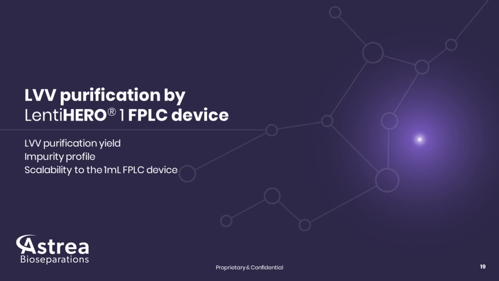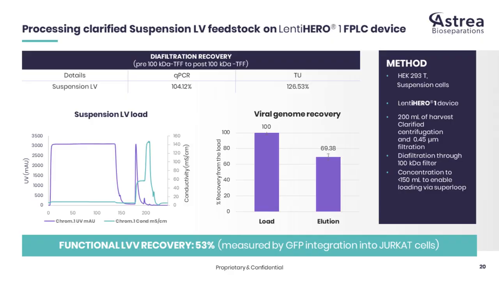After we optimized the clarification process at the lab scale, at last we move on to the scale-up Lentihero 1 FPLC device. By diafiltration, we recovered nearly all lentiviral particles from the feedstock we tested.